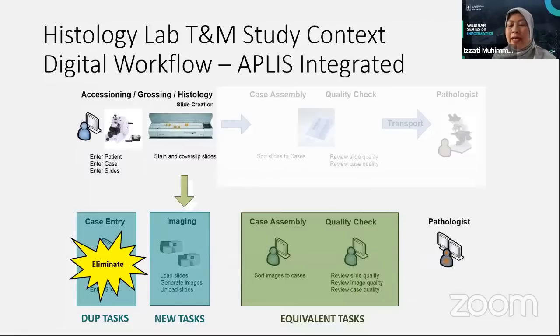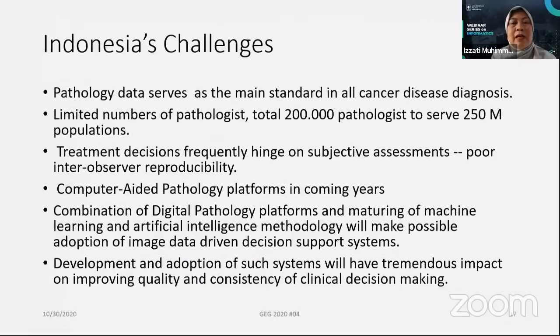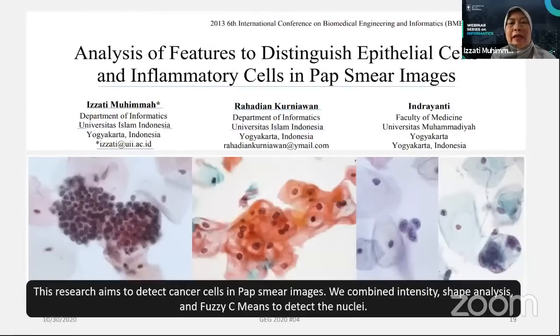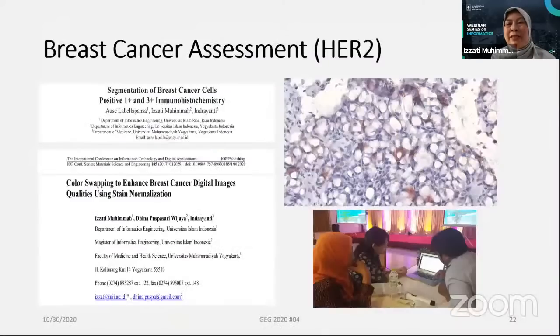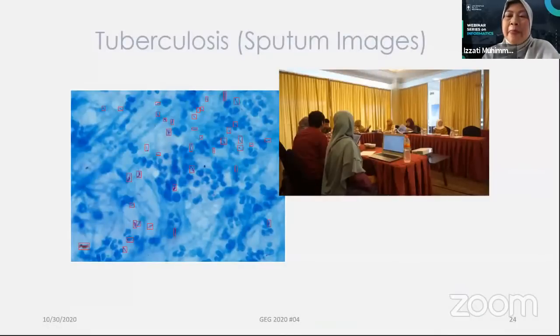In TB, which I haven't mentioned here, one patient actually needs to be evaluated on 100 images. So from one glass slide, it needs to be reproduced into 100 images.